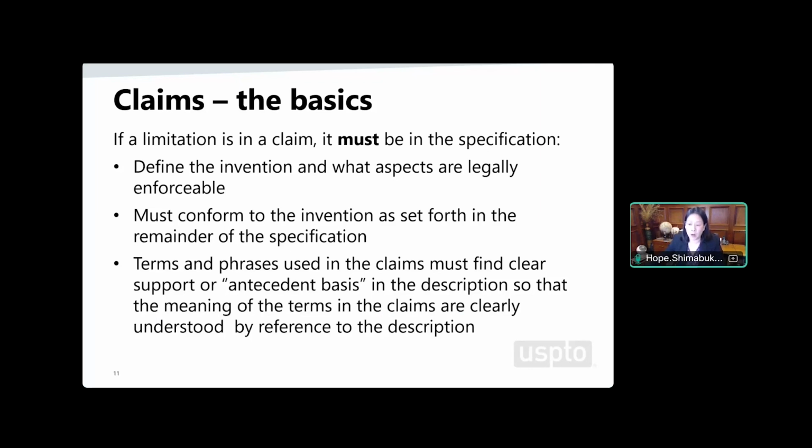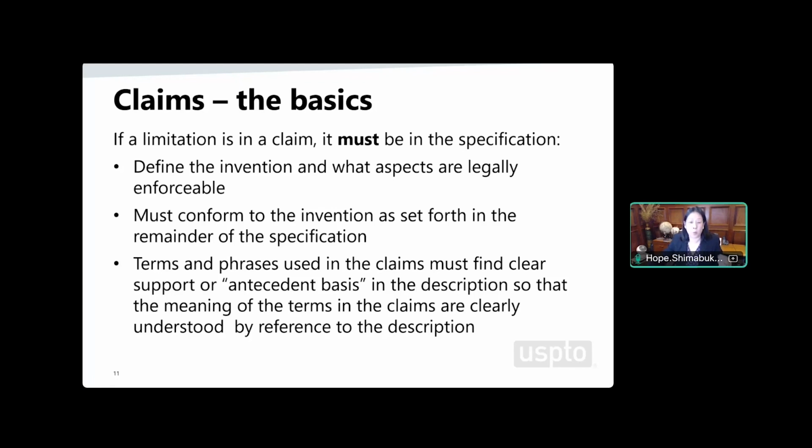It describes the different aspects of your invention, and this is the piece which is legally enforceable. A claim is where you draw the metes and bounds, or the boundaries, of your invention. So it's really important to know that whatever is in your claim must be supported in the written description and the drawings. The written description and drawings go hand in hand with the understanding of the invention.